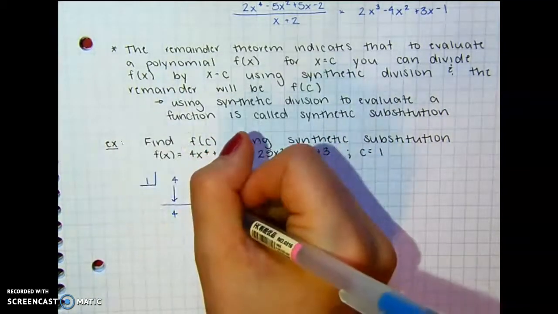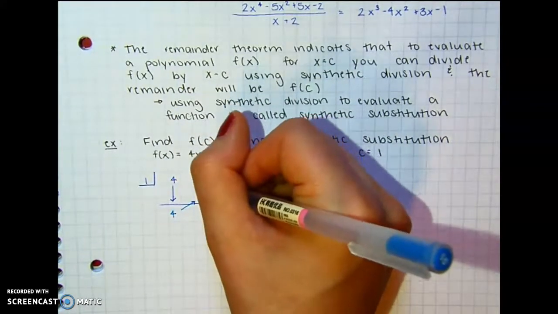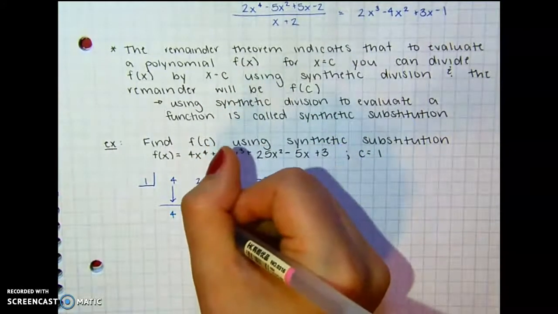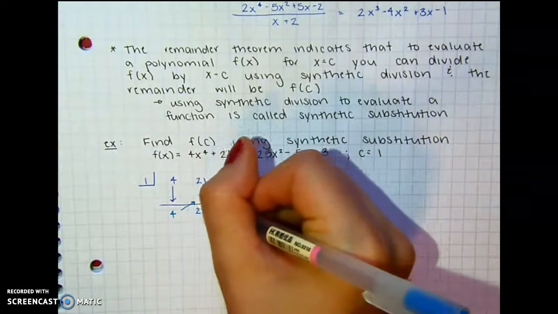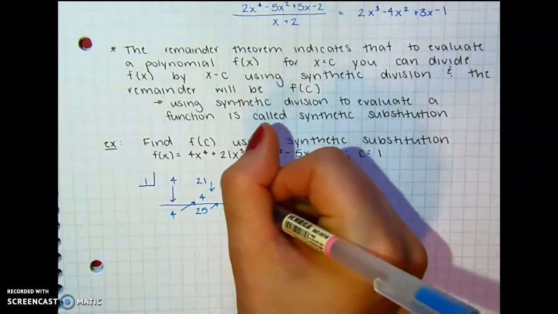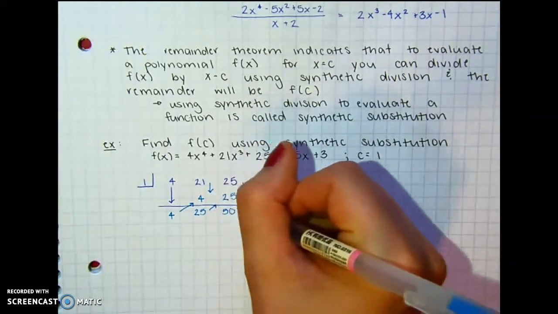So 4 comes straight down. 4 times 1 is 4. So remember here we multiply, here we add. So 21 plus 4 is 25. Times 1 is 25. 25 plus 25 is 50.